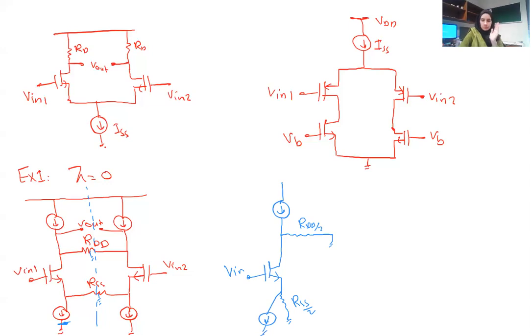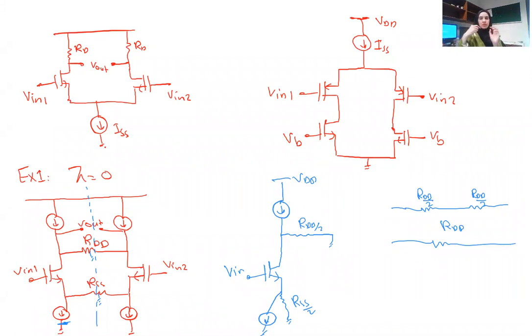So now, since the line of symmetry is cutting the resistor in the middle, you can replace it with half of its value. Isn't it the same if I draw a circuit of RDD over 2 and RDD over 2? Isn't it equivalent to RDD? I mean, there are two resistors in series.